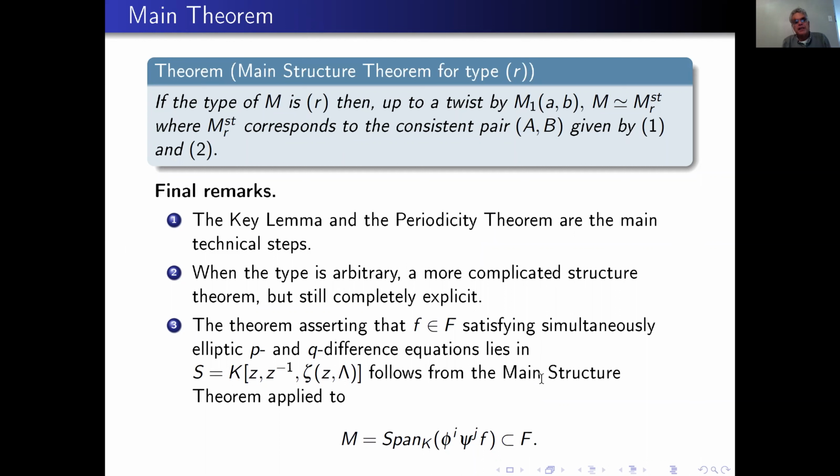And as we said at the beginning, going back from gamma difference modules to power series satisfying equations, you see that the field F was not there in this structure theorem, but follows by the main structure theorem applied to this example where M is the K submodule generated by the action of phi and psi inside F.